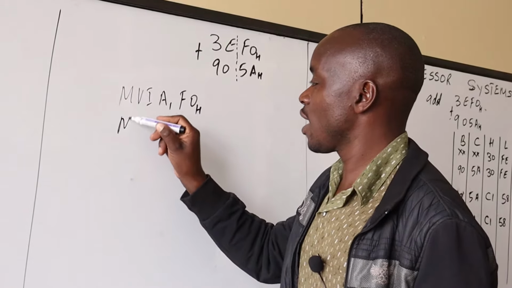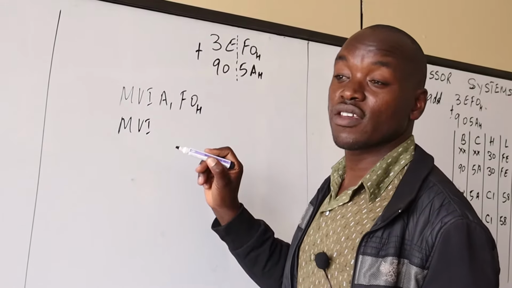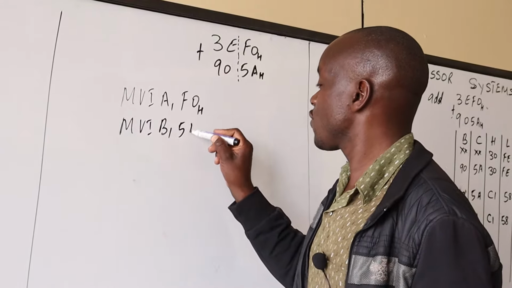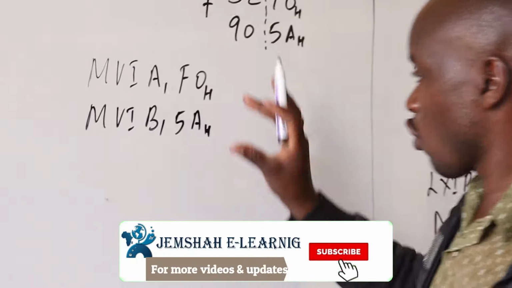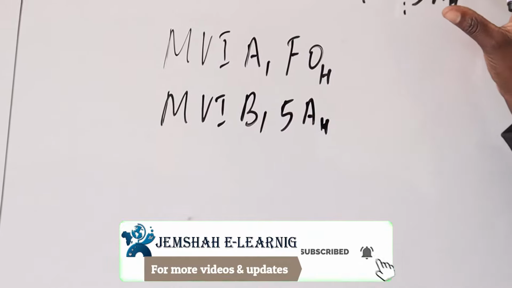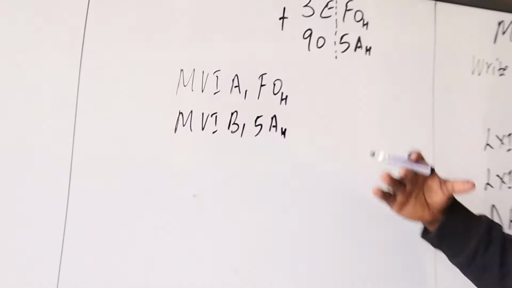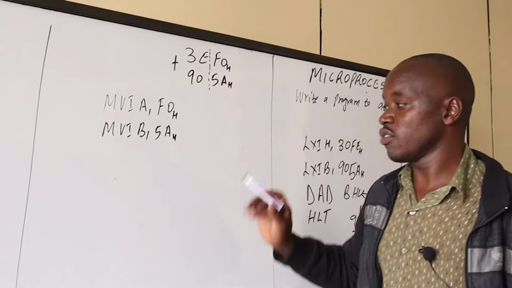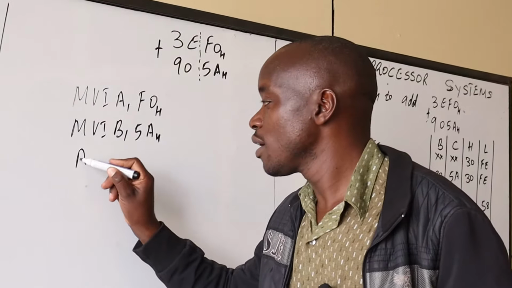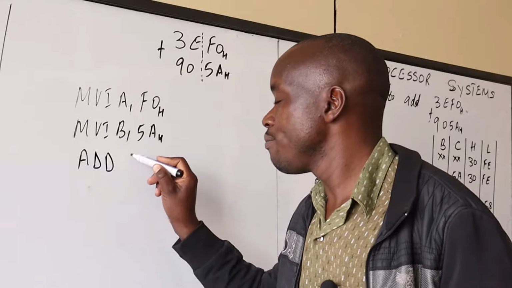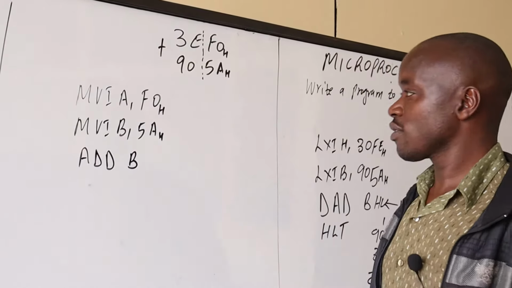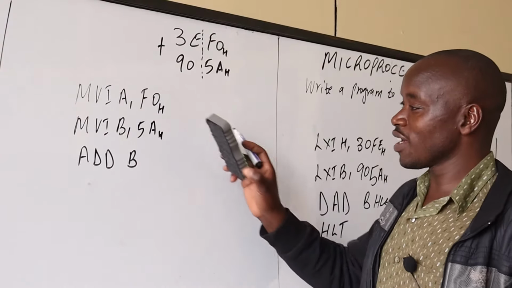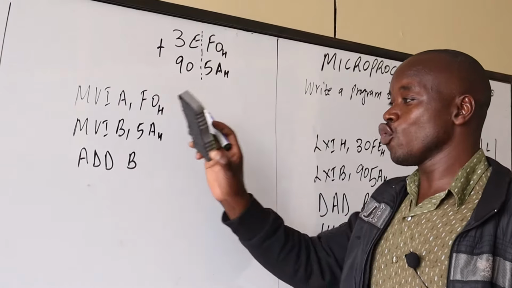Then MVI, the next general purpose register, which we agreed was register B, 5AH. So already these 2 bytes of data, which are 8 bits, are in different registers, and we are supposed to add them. So the instruction will be ADD B, which means check what's in A, add with what's in register B. The answer goes back to A.